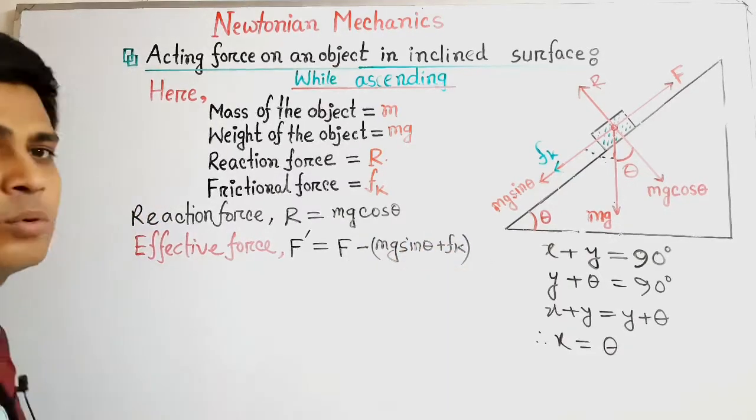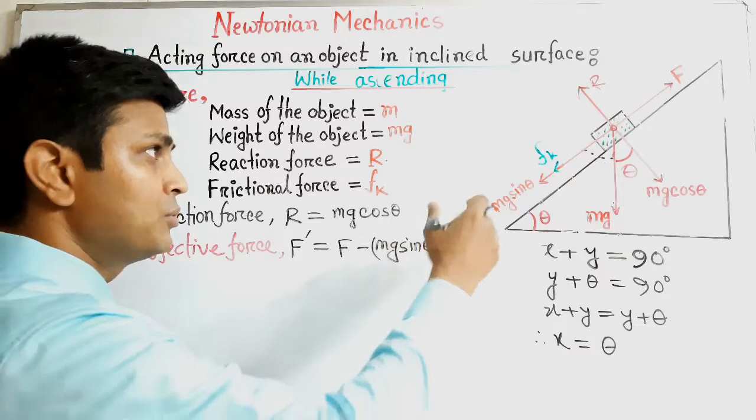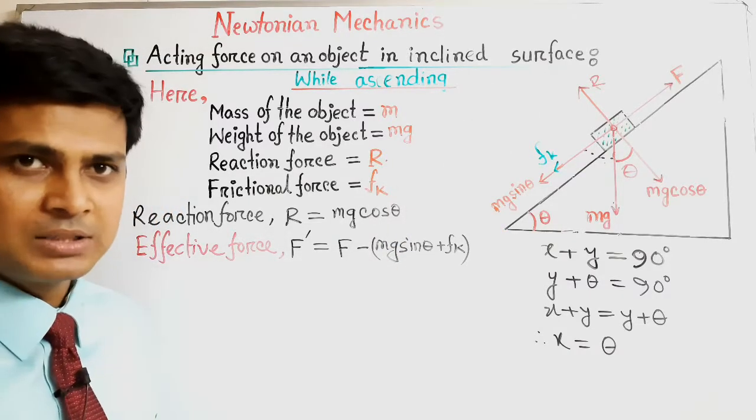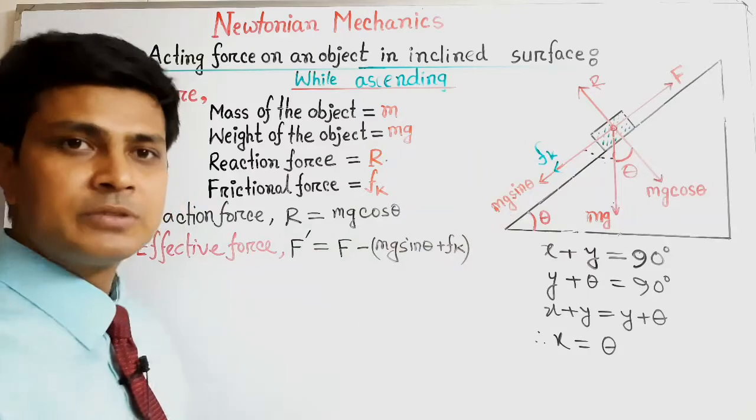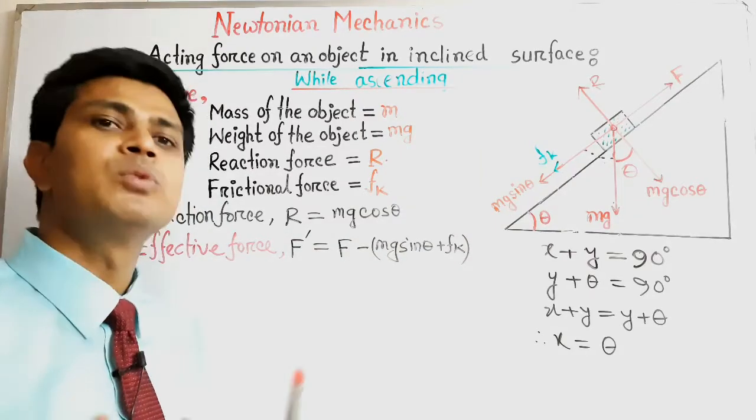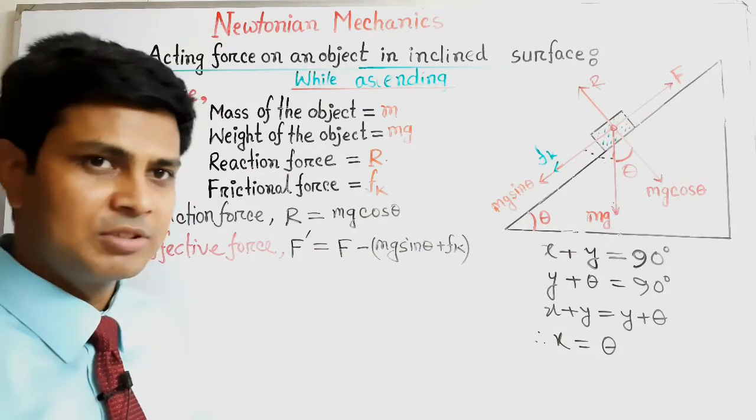This is the formula to calculate the effective force when the body moves with acceleration in the upward direction. Now if we consider this body moves with uniform velocity, we know when a body moves with uniform velocity there is no acceleration.